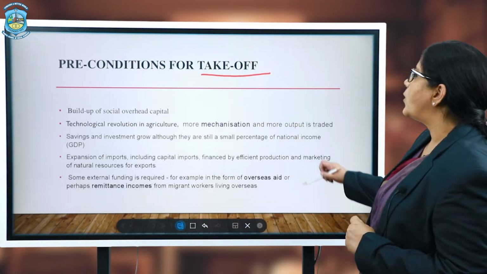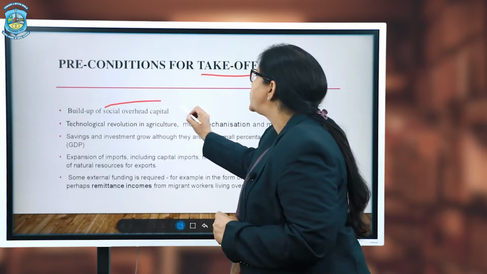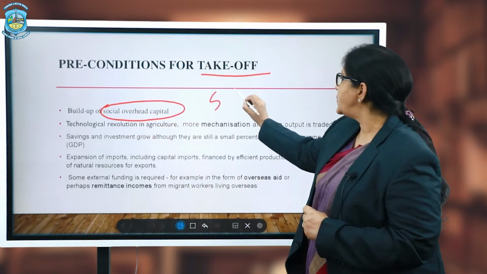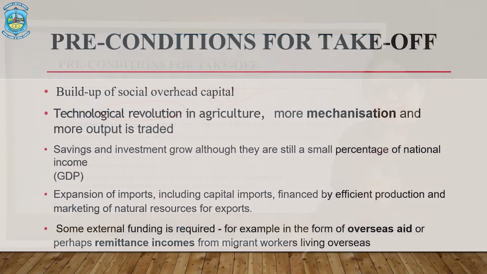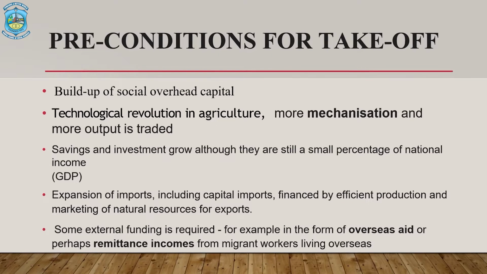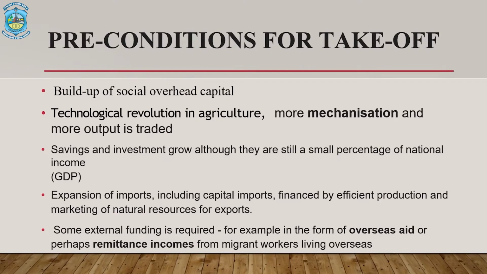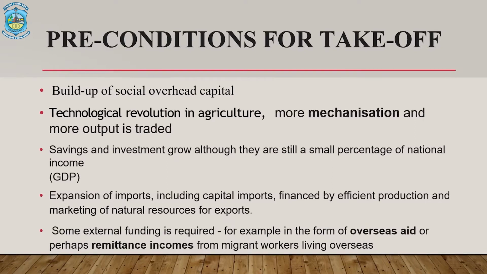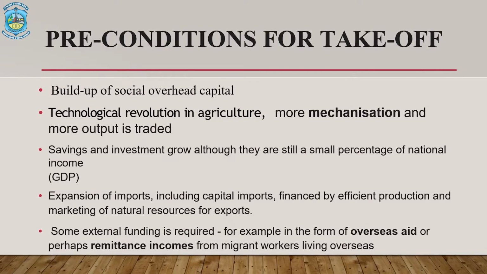The most important first point is creation of social overhead capital, often referred to as SOC. It essentially means creation of basic infrastructure in the economy, in terms of roadways, railways, waterways, airways, basic electricity that has to be generated, and heavy and basic industries.